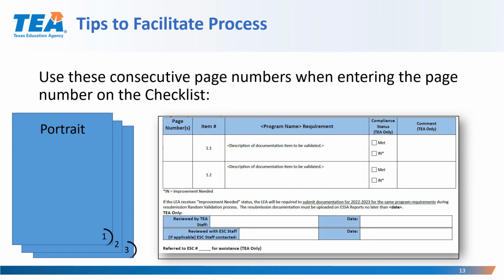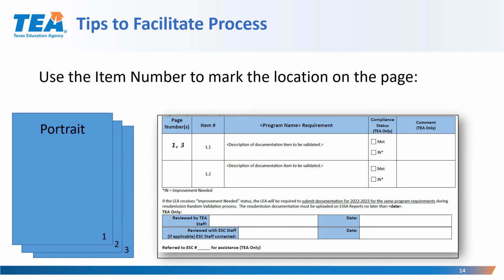For example, if your documentation for item 1.1 can be found on pages 1 and 3, please note that under the column for item 1.1 for pages 1 and 3 to be reviewed for item 1.1. Use the item number to mark the location on the page.